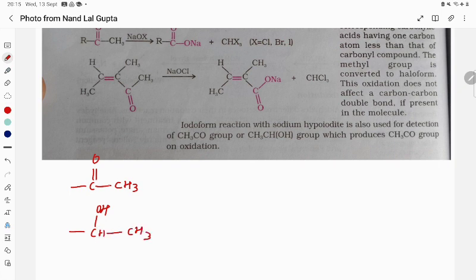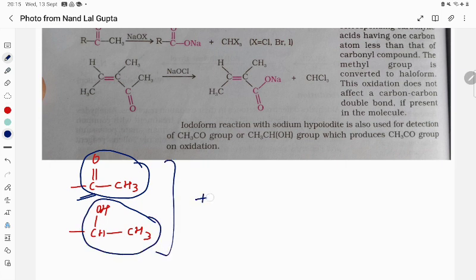So either any group is having a methyl keto group, or a methyl hydroxyl group, this is the hydroxyl group.